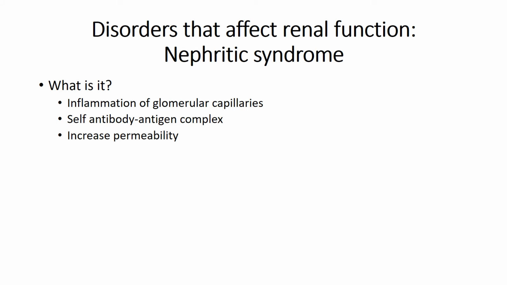So now we have nephritic syndrome, which is going to differ. It's very similar. We get inflammation of the glomerular capillaries, really the result of antigen antibody complexes present. And again, this antigen antibody complex can be due to an infection primarily.